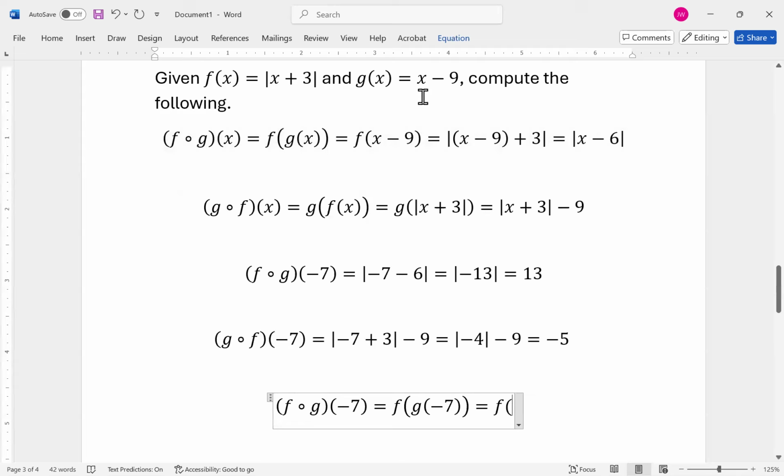Well, if I plug in -7 into g, I get -16. -7 minus 9 becomes -16. And then when I plug in -16 into x plus 3, I get -16 plus 3, and then that goes in absolute values. That's the absolute value of -13, which gives me 13.